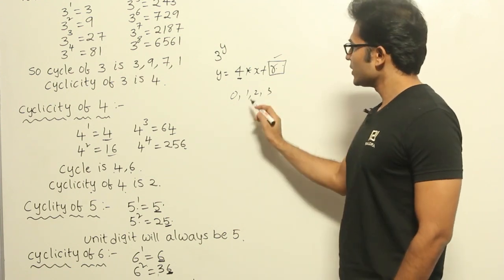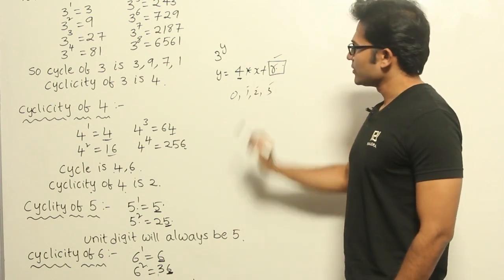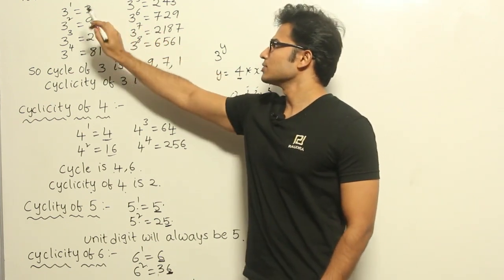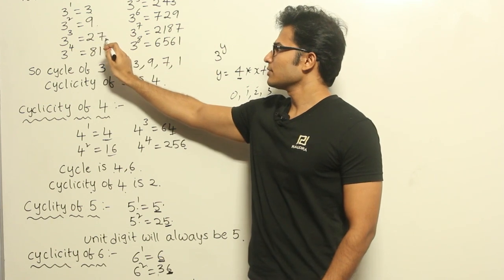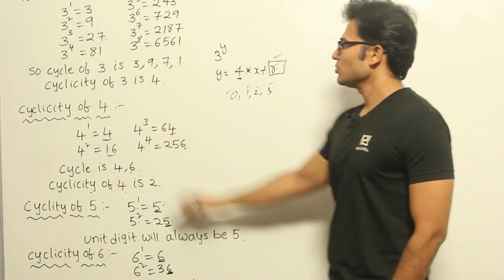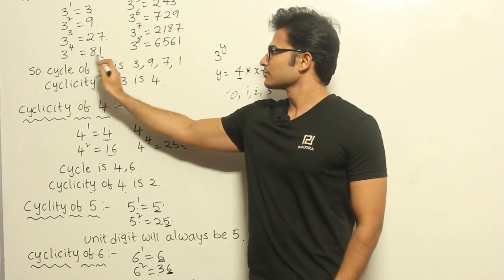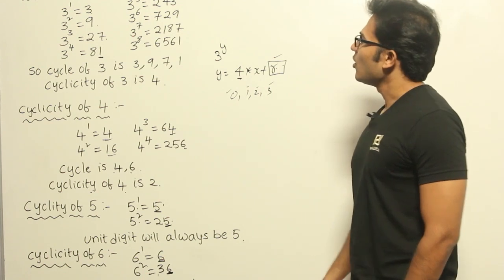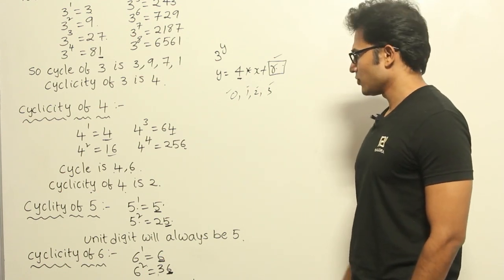Once you get it, for 1, 2, 3, you take the same cycle, which means 3 power 1 is 3, 3 power 2 is 9, and 3 power 3 is 7. And whenever you get 0 as the remainder, you take the last one, 3 power 4, which is 1. Got it? Okay, now let's see some questions on it.